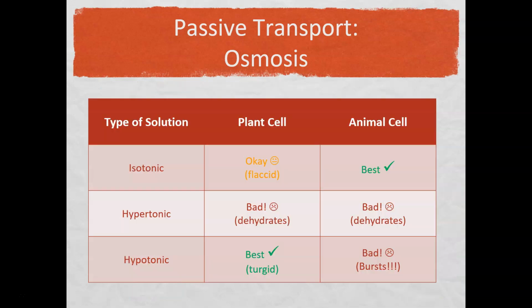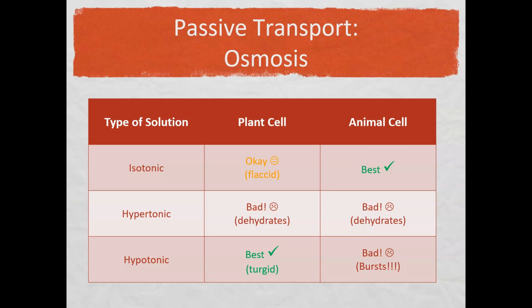So when we look at the difference between animal and plant cells, as far as where these cells might find themselves in an environment, some environments are actually better than others. So if I go down my plant cell, all right, isotonic, they're going to maintain a regular, steady shape. It's actually okay for them. It's what we would call flaccid, or what we were looking at with the plant, where they're sort of wilting over.